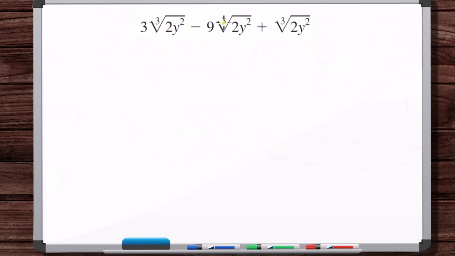Okay, so now here we're subtracting radicals, and remember we understand like terms when it comes to variables, but it's the same idea with radicals. Even if these radicals have variables in them, or even if we had radicals that didn't have variables, you still look at the idea of, do you have like radicals?